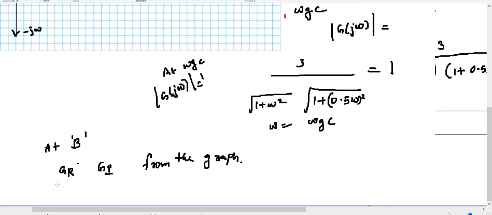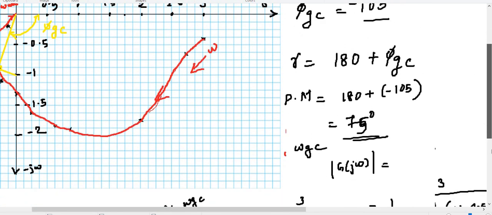When you know the real part and imaginary part, we can separate the equation 3 divided by 1 plus j omega into 1 plus 0.5 j omega as real part and imaginary part. By equating with the real value obtained from the graph, we will be able to find out the value of omega. That will be omega GC, because we are finding out the value at the point B.